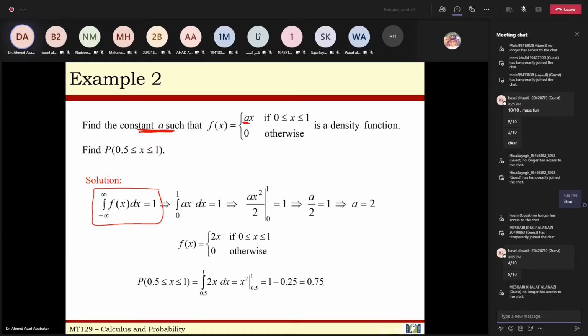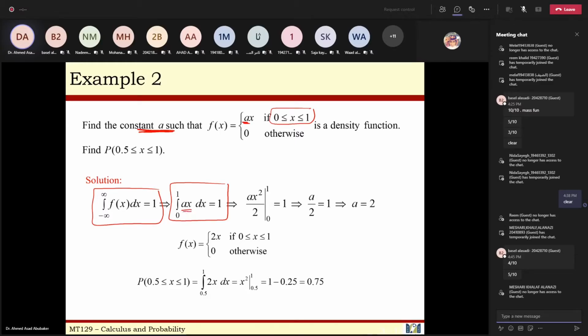Because this is a probability density function, this must be achieved: from -infinity to infinity of f of x must be equal to 1. Now we have the interval from 0 to 1, so we need to find this integration, and after that we have an equation to find the value of A.